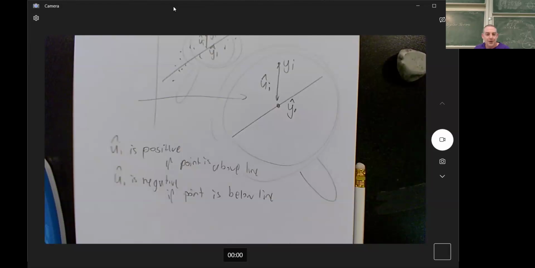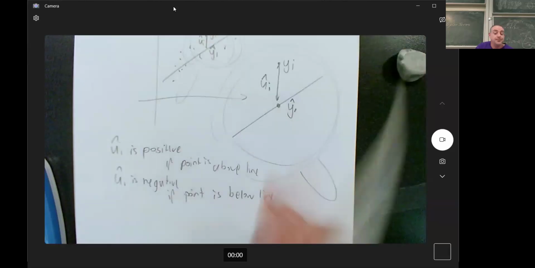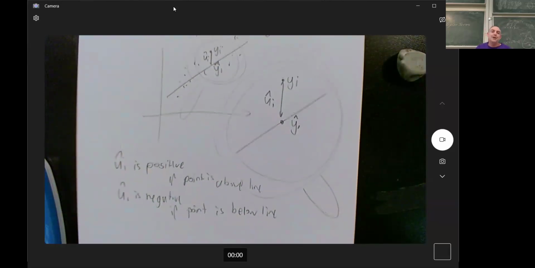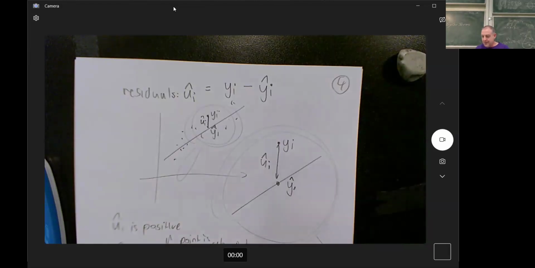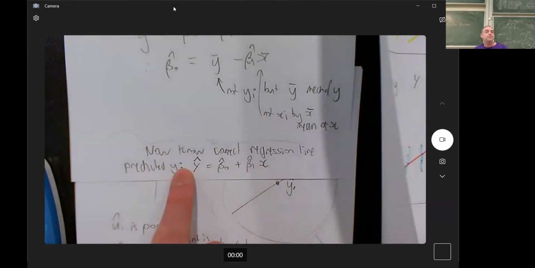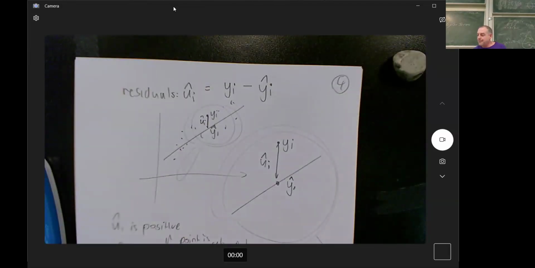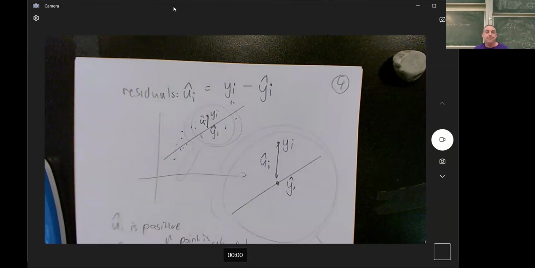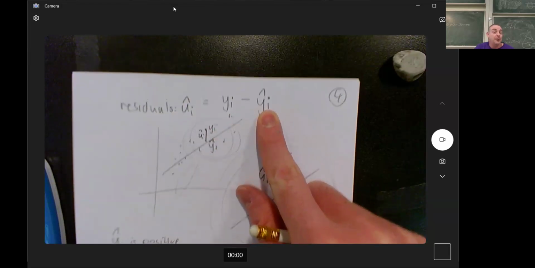So cool. All right, so they are the residuals, and there's one for every row of the data. And yi hat, we know what that is. That's based on this formula here, right? And yi is the value from the data, and this is the predicted value from the formula.